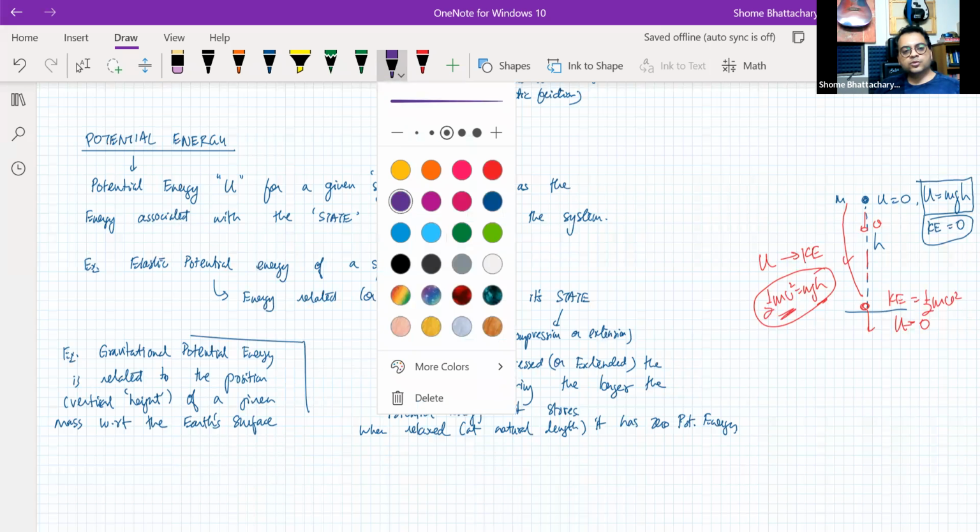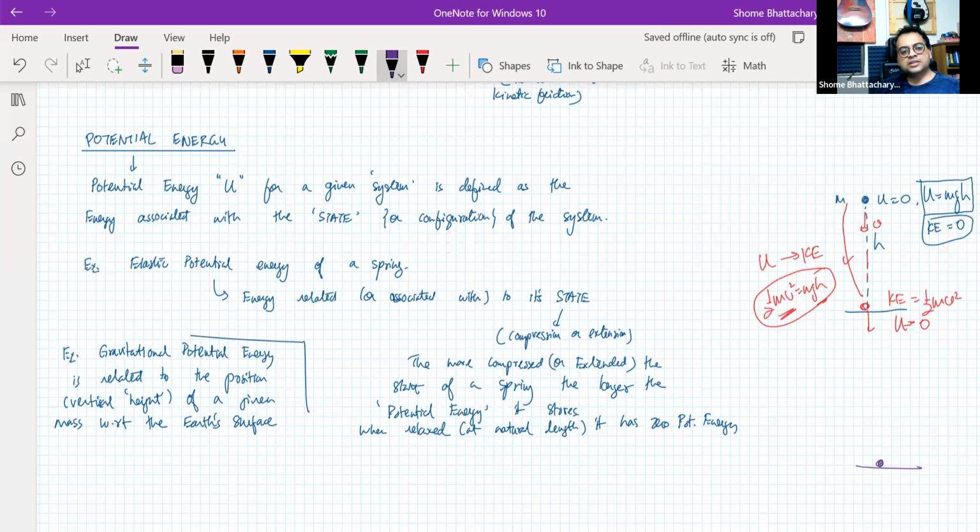Okay. Now suppose on hitting the ground, after the collision, suppose its speed has become 0. So what has happened to this kinetic energy? This kinetic energy has got dissipated. That means it gets lost in the collision. So it would have converted to some other forms of energy.